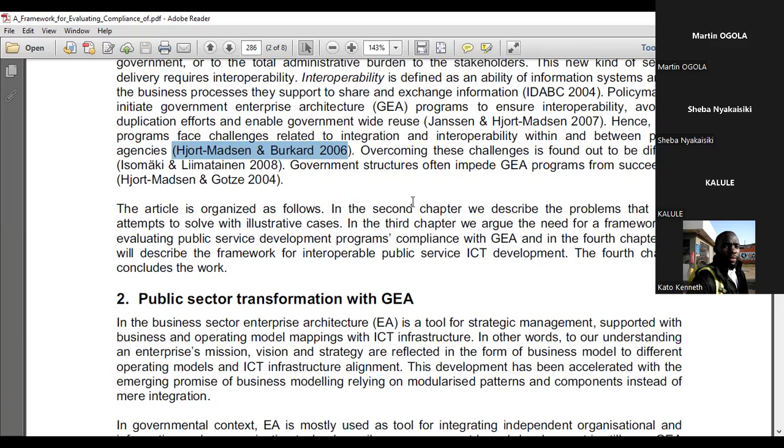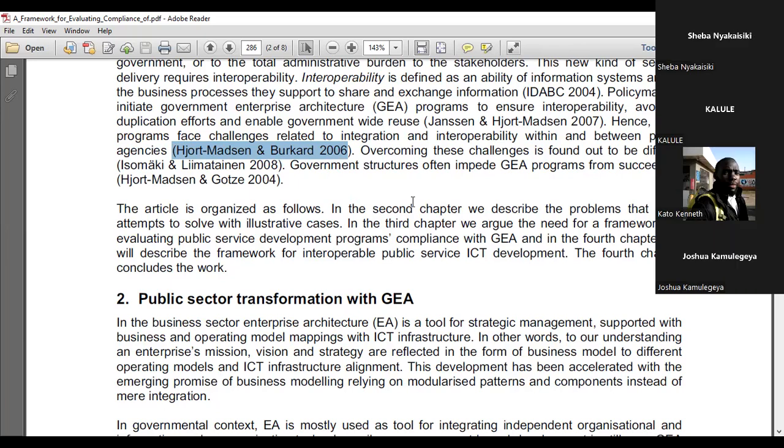Unlike IS, which looks at building actual digital systems, this one looks at ICTs within organizations, but their governance and management. So that's why they are talking about things like interoperability, because that is a governance issue or a management issue. Integration and interoperability.